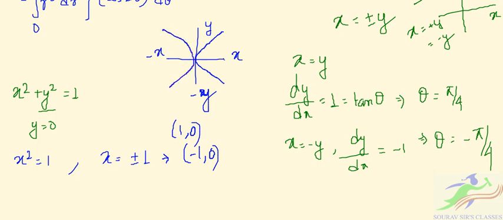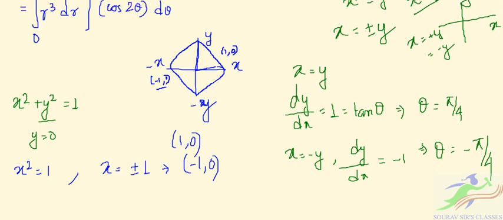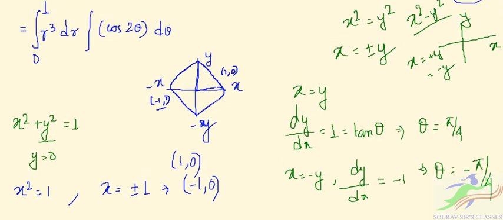So it will look like this. This is 1 comma 0 and this is minus 1. So in the integral we are observing this area, half of this area. If we also consider the minus 1, the integration will remain the same.